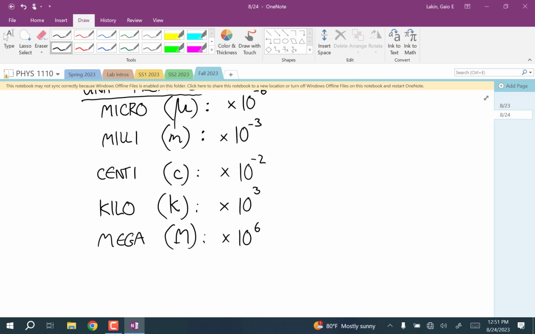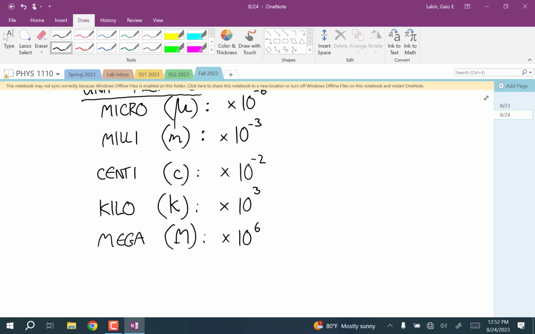Okay, so with this, kind of like scientific notation, there are two skills that you need to work with these prefixes. You need to know how to go from something with a prefix to something with no prefix, and from something with no prefix to something with a prefix. That way you can also go from one prefix to a different prefix by going through the intermediate step of one without.